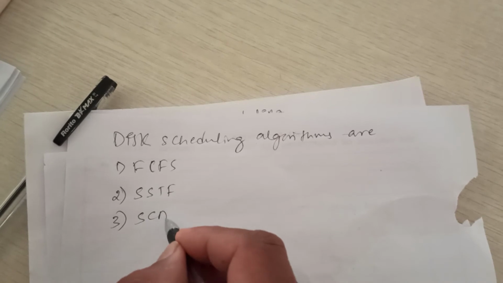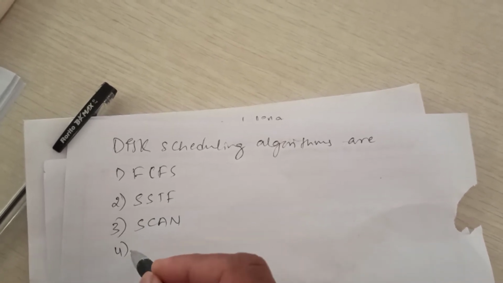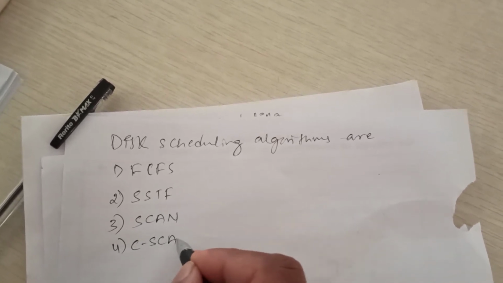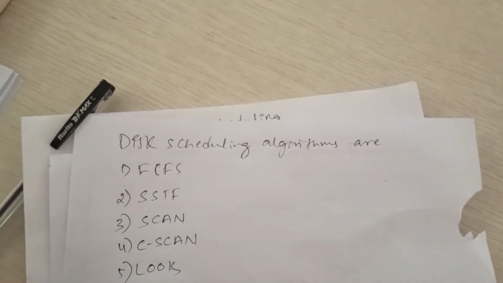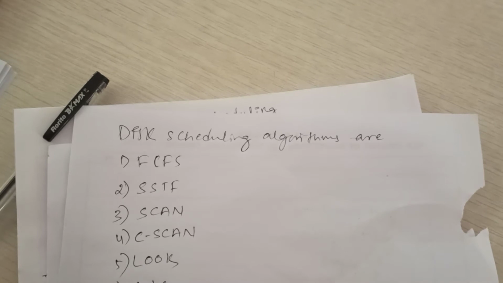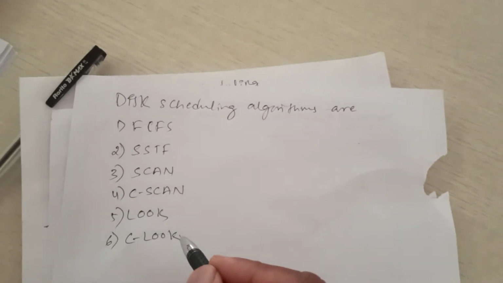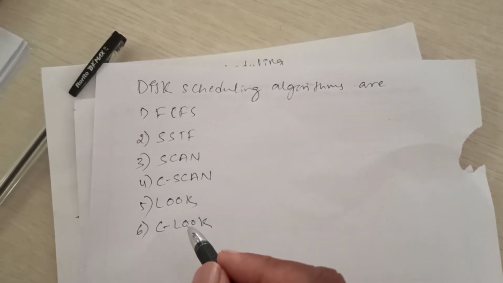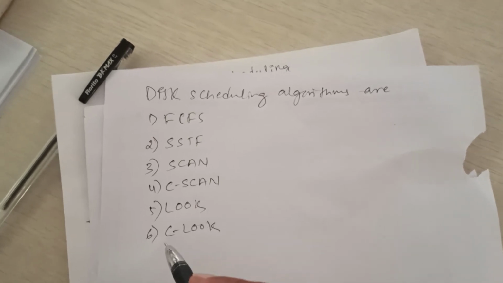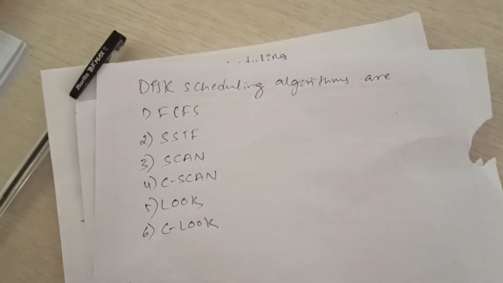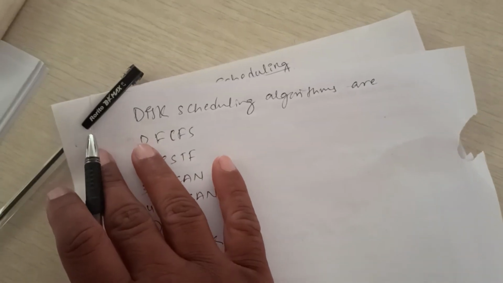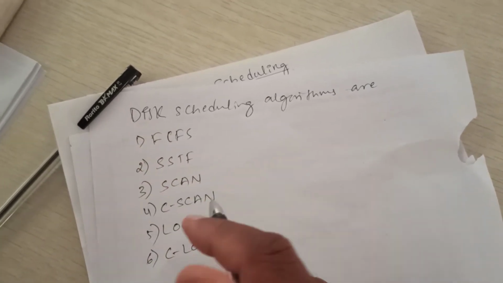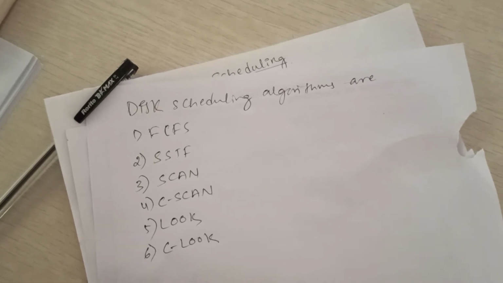Third is SCAN. Fourth is C-SCAN. Fifth is LOOK. And sixth is C-LOOK. These are the algorithms available for scheduling the disk to service the pending requests, and they are used by the operating system. How they service requests, we'll discuss one by one. First we will see FCFS.